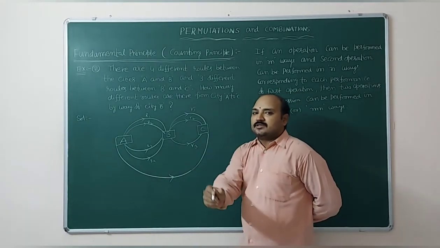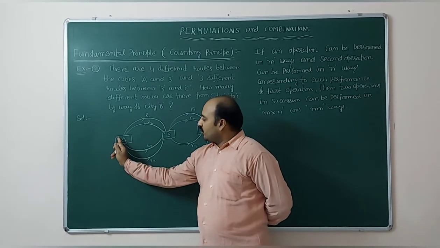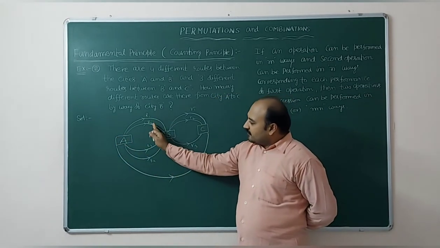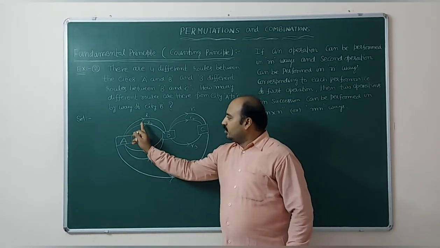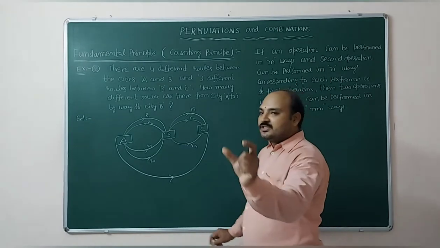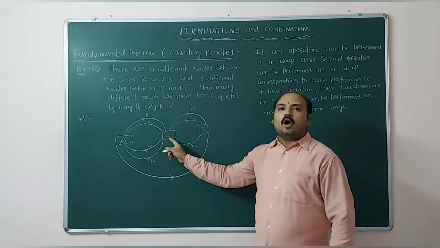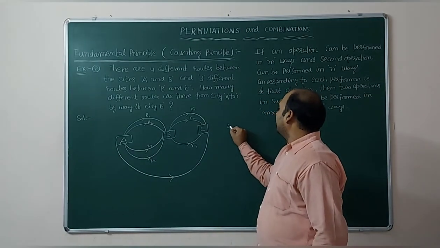Suppose a person starts from city A. From A to B, how many different routes are there? 4 possibilities: different routes R1, R2, R3, R4. So the first operation can be done in how many ways? 4 ways.